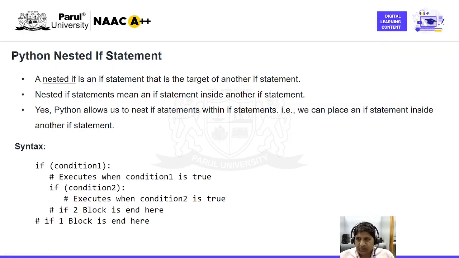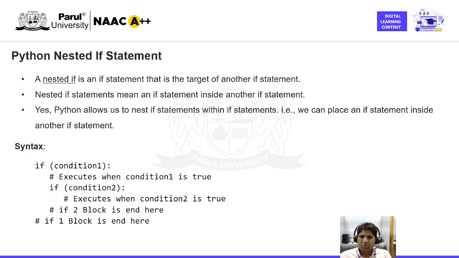The third statement is known as nested if statement. In some situations, we try to check more than one condition within a condition. Suppose, for example, you check condition one, and if it is true, then the next condition is checked.